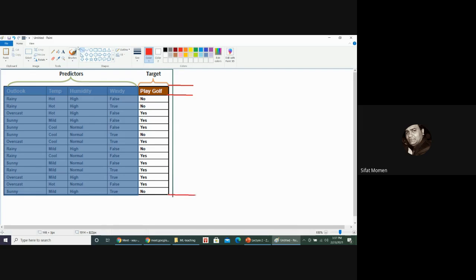Let's do this prediction. If we have a ZeroR classifier, let's just draw them: yes and no. Tell me, who is the winner out of yes and no? Yes is the winner, right? Okay, that's good.